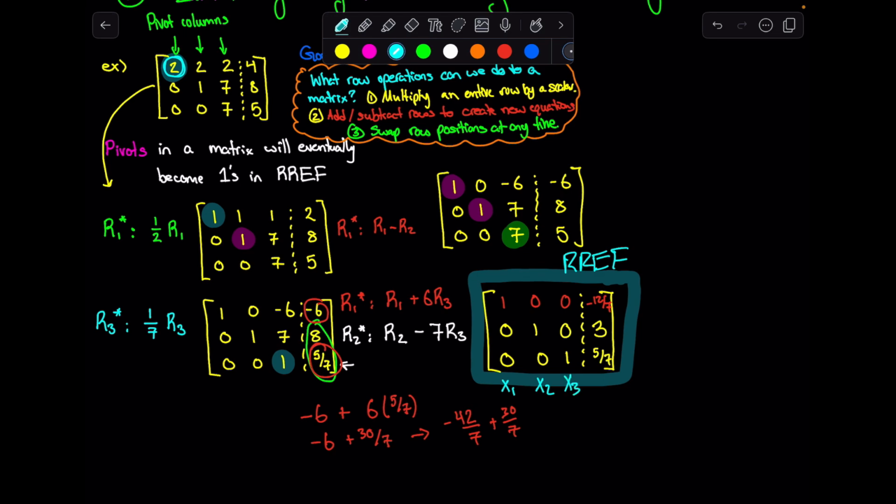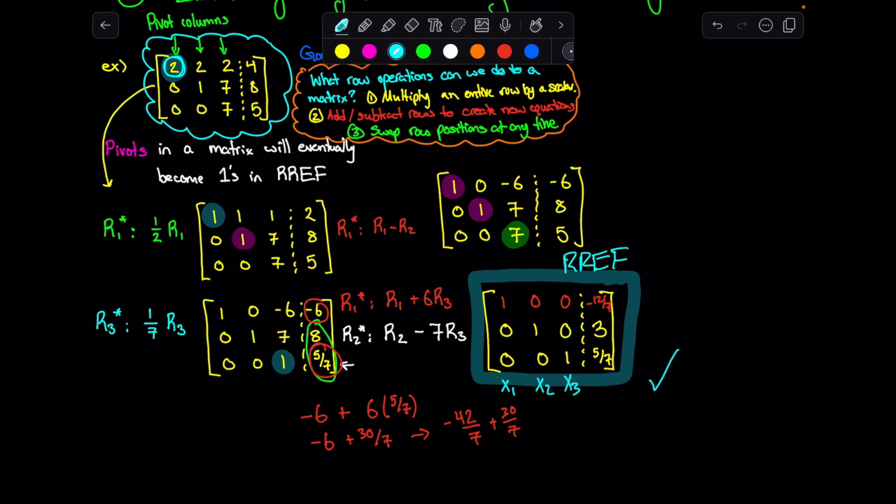So now I immediately know exactly what x3, x2, x1 are. I'm done. I immediately get the answers for free, whereas in the original one, even though there are some things we could do, like a whole bunch of back substitution, we don't have the answers just staring at us in the face. So that's one of the most important reasons why RREF is the nicest form of any matrix if we can get there.